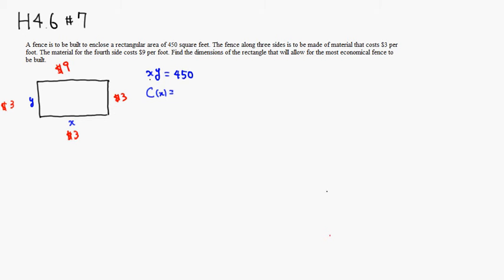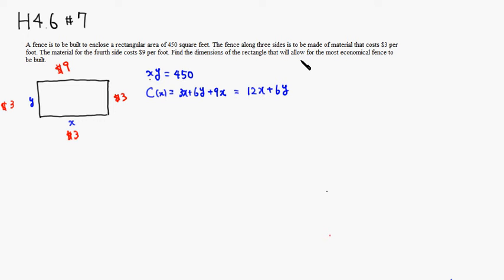So the total cost: the $3 fence is 3 times y, and you have another 3 times y, so that's 6y. And you have 3 times x, so 3x, then plus 9 times x. So this is simply 12x plus 6y.